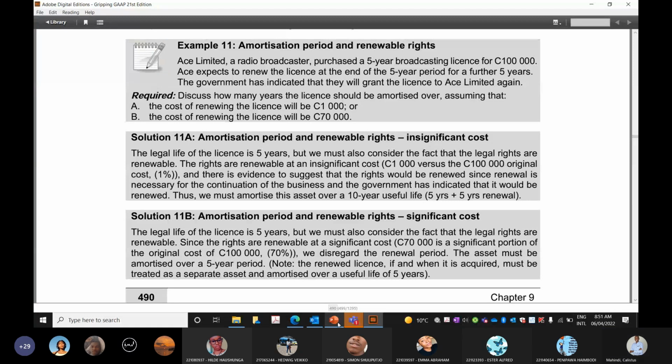Yes, sir. All right. But then the question comes, how will you recognize this intangible asset? At initial recognition, what happens to the capitalization of the intangible asset?